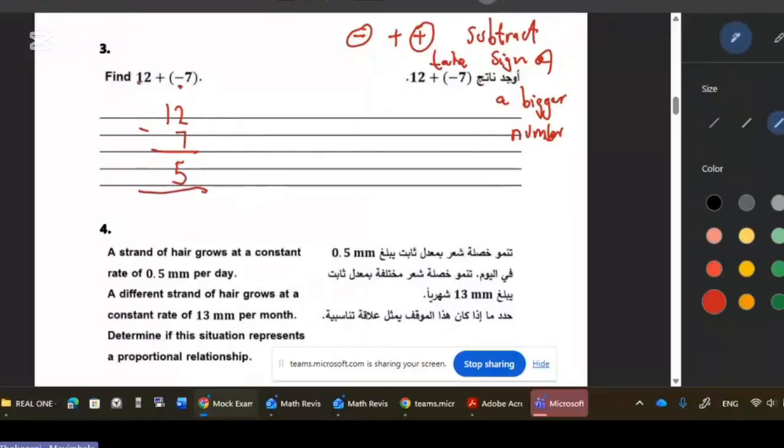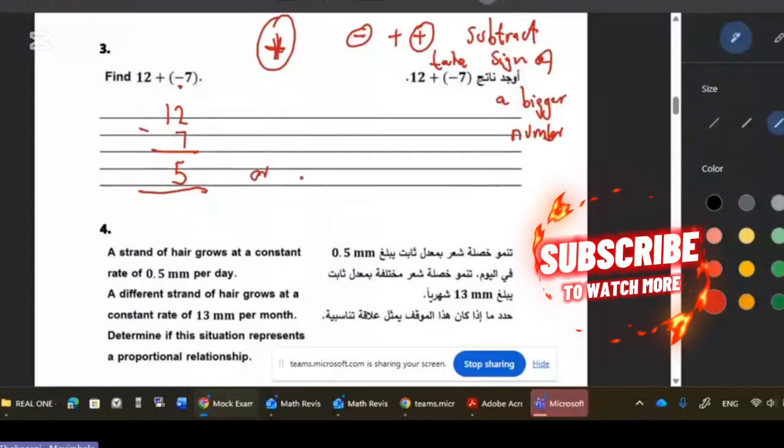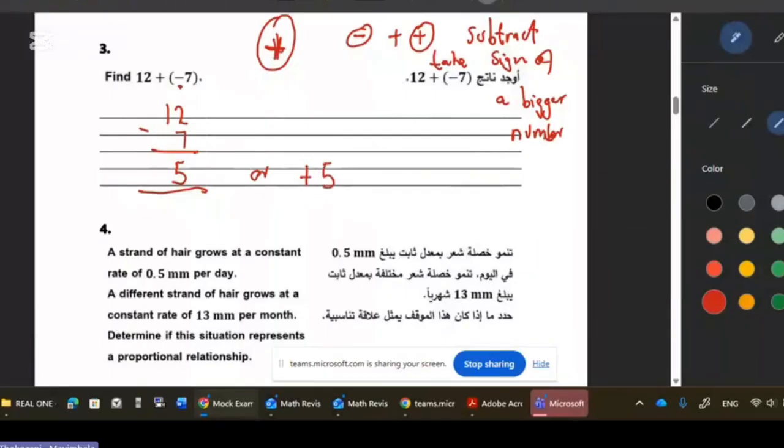And what is the sign of a bigger number here? Is it negative or positive? And obviously then the sign of a bigger number here is positive, right? It's positive. So that's why my answer is going to be left as positive 5. And even if you write like this in an exam, it's also fine. But we don't recommend you to write this. You can just leave it as 5. Okay?